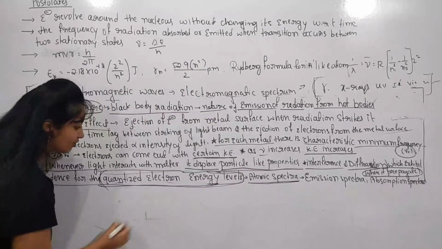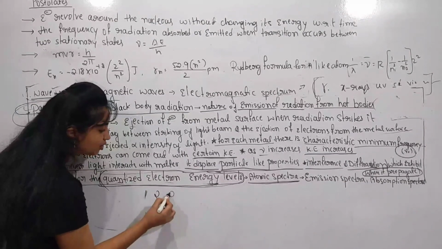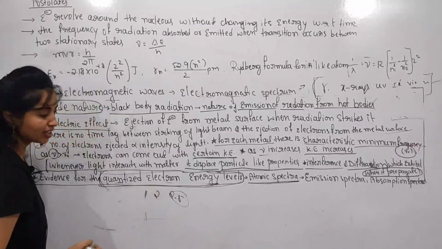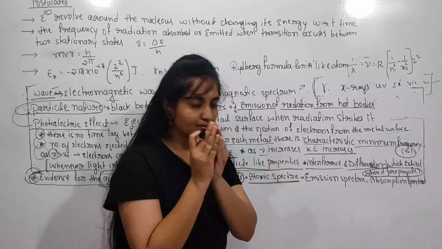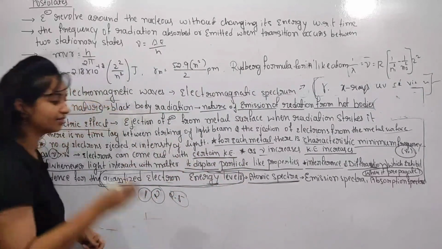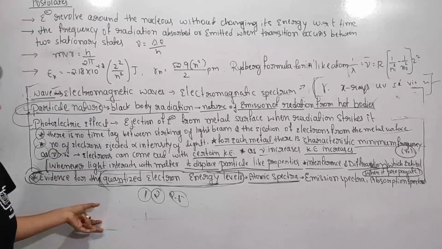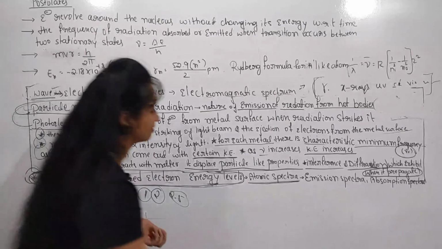Like 1 rupee coin, 2 rupee coin, we don't have a 2.5 rupee coin. So the coins are quantized, only particular values are available. Like that, the energy levels are also quantized in nature.